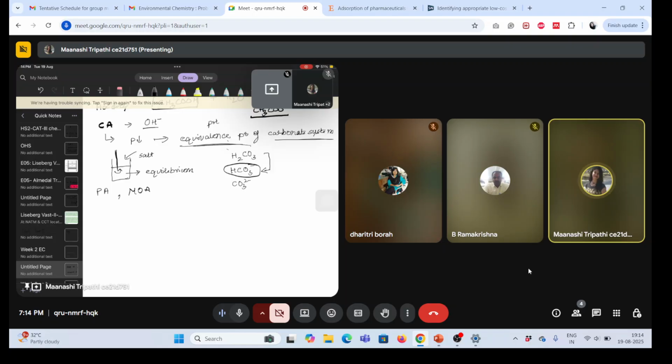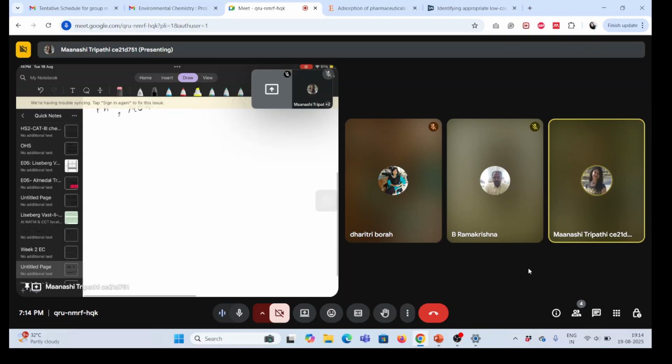The other important thing that we should discuss is the titration curve. Let's say this is a burette.